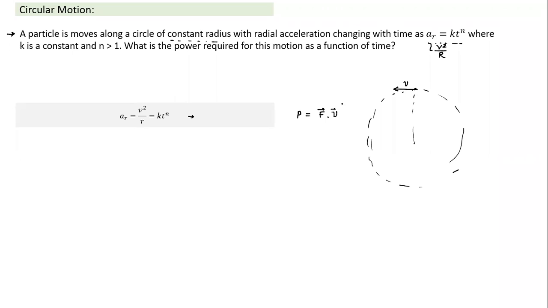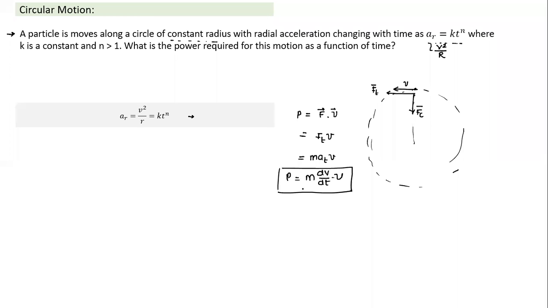It is accelerated circular motion, so we always talk about two components of force: a tangential component and a centripetal component. So the dot product is equivalent to Ft into v. And what is Ft equal to? Tangential force is equal to m into at, and at is equal to dv by dt, so power is m (dv/dt) into v. That's the power.